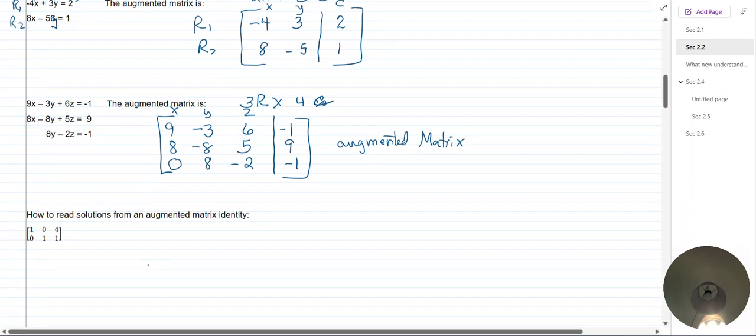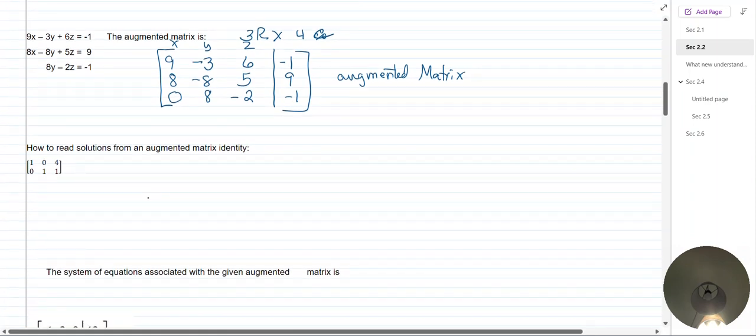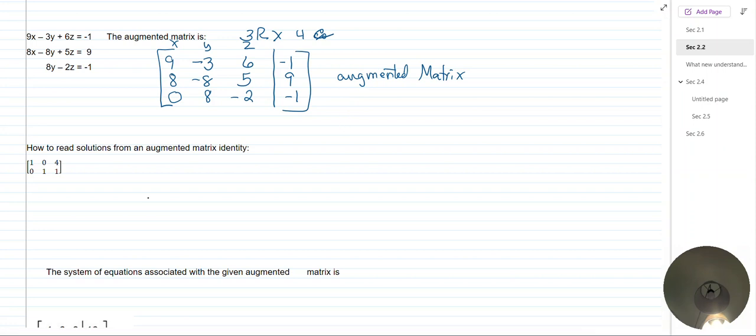All right. So how do we read solutions? To understand that, we have to understand an identity matrix. The matrix is 1, 0, 0, 1, and then our solutions are here. This is some x value and y value.